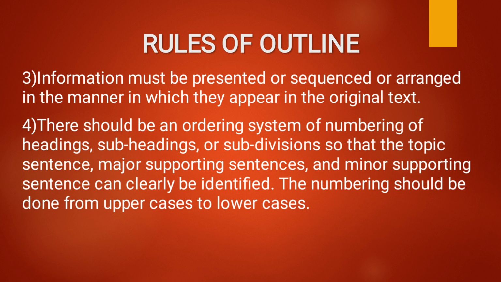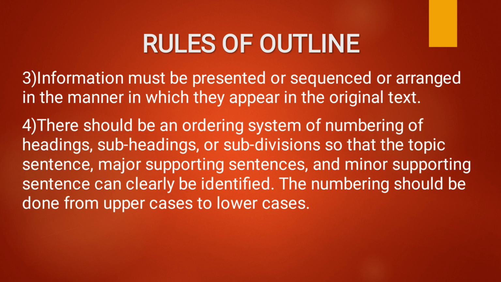Now, all major supporting sentences, if you are starting with 1 for all topic sentences, then you can start with capital letter A for major supporting sentences. I hope it makes sense. So you can use 1 for all topic sentences. First topic sentence, you use 1. Second topic sentence, you use 2. Third topic sentence, you use 3.